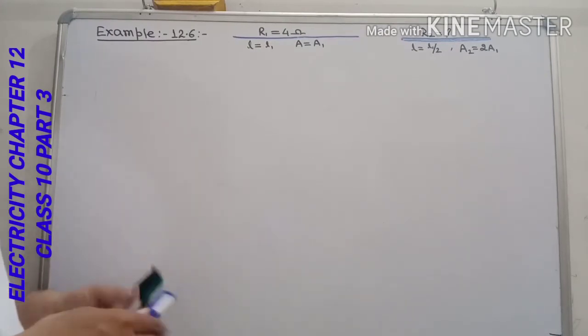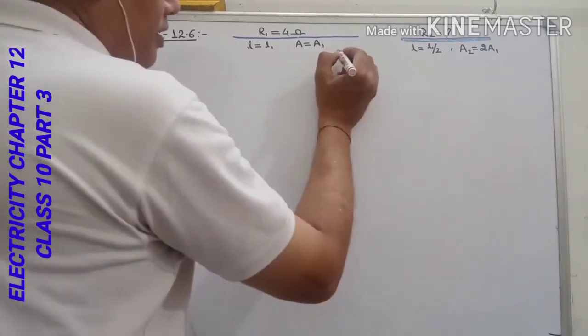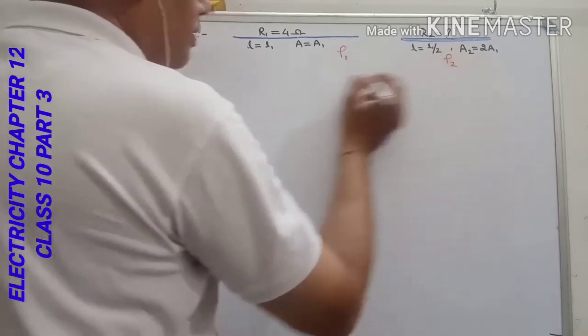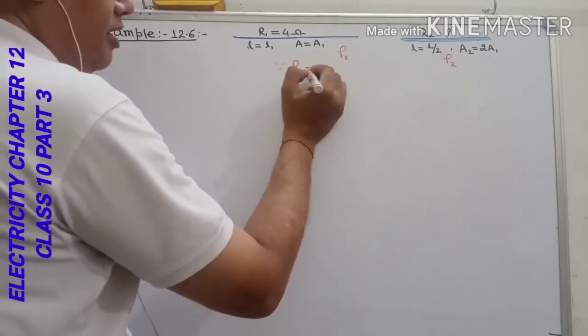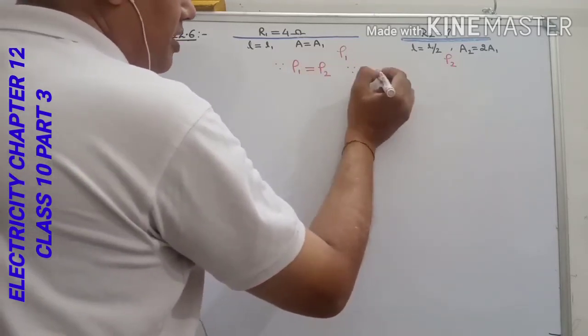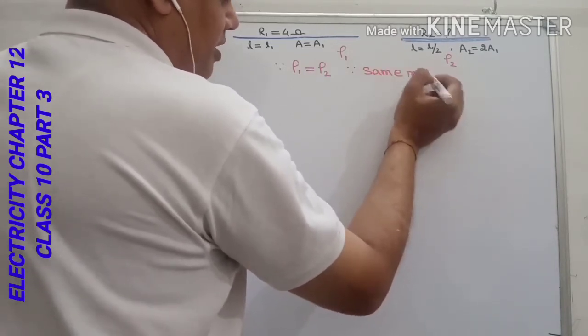As we know that both are of same material, that means the resistivity ρ1 and the resistivity ρ2 will be same, because they are made up of same material.